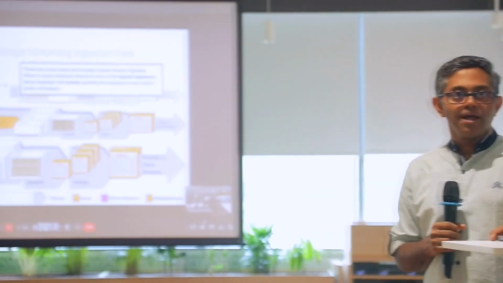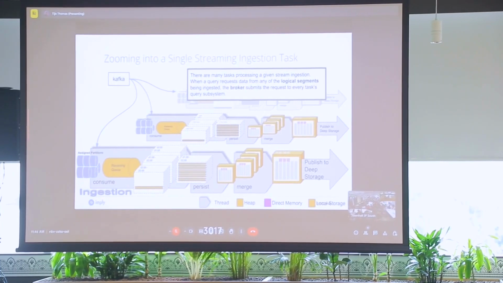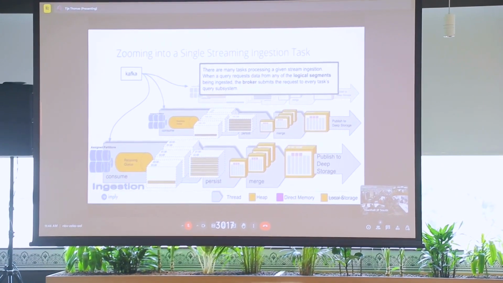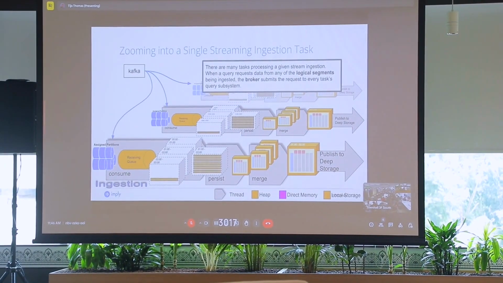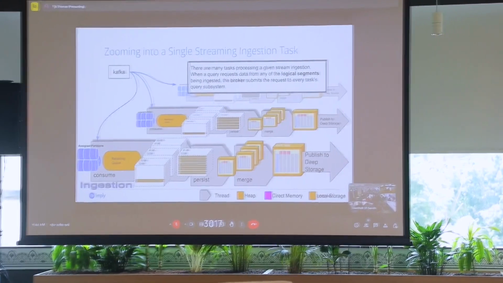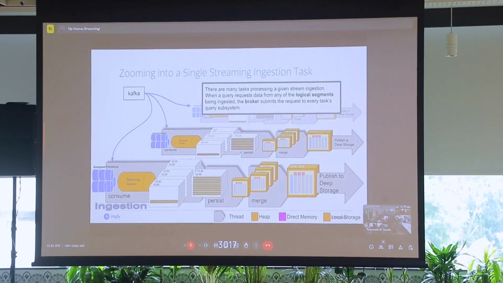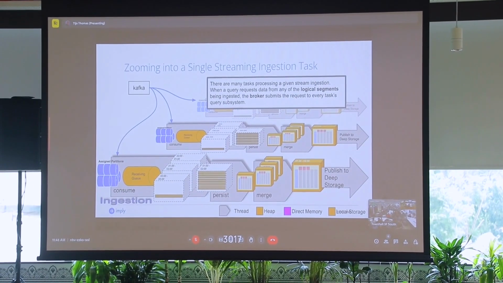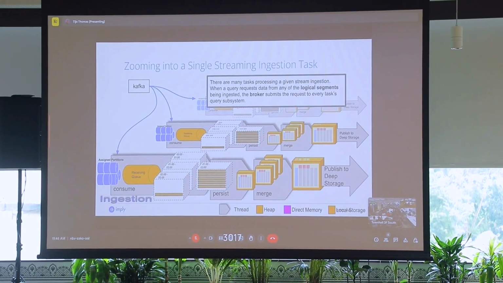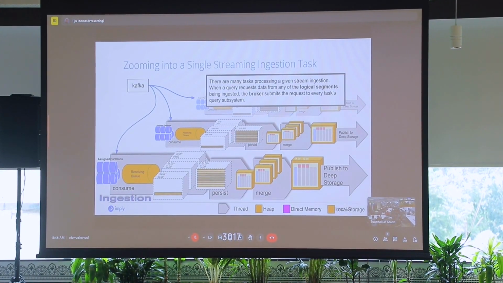This is scalable. Instead of 1, you can have n number of tasks. So if your load is pretty high, you add more tasks, that's it. It will automatically balance it across the partitions and then ingest it.